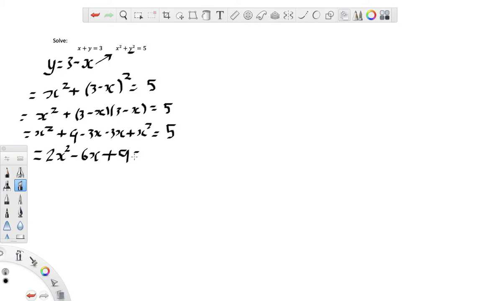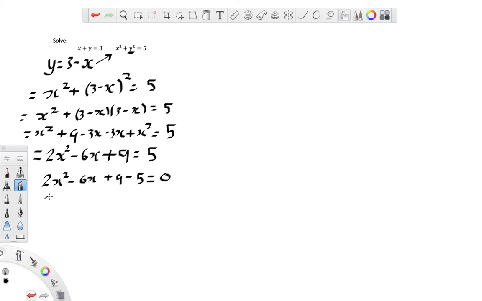Again, that's all equal to 5. Okay, what can I do from here? Well, as we're going to solve, it would be helpful if our equation was equal to 0. So how can I do that? Well, I move that 5 across, so I've got 2x squared minus 6x plus 9. I'm moving the 5, so take it away. That's now equal to 0.